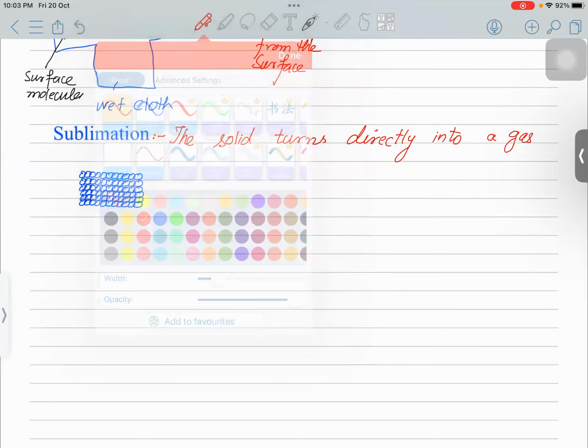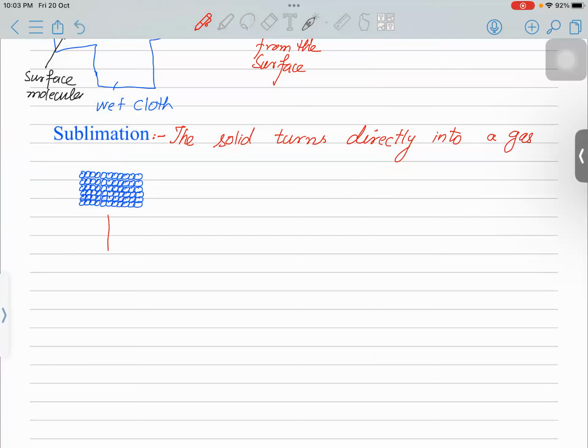When you heat a solid particle, the force of attraction weakens. It decreases.